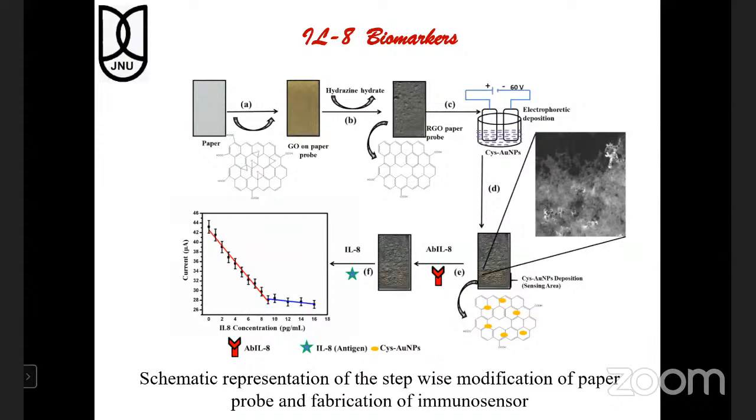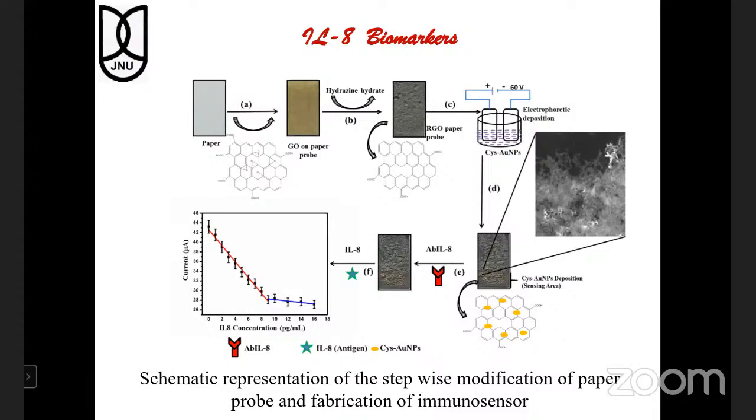This paper-based electrode is used for deposition of nanomaterials. Here we prepared gold nanoparticles, which are capped with, sorry, gold nanoparticles bound with the cipra 20, this L16, as the capping agent.